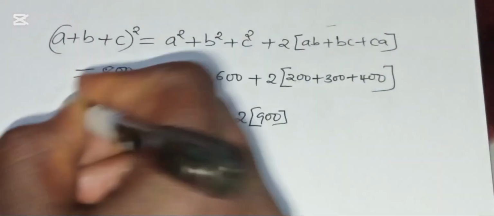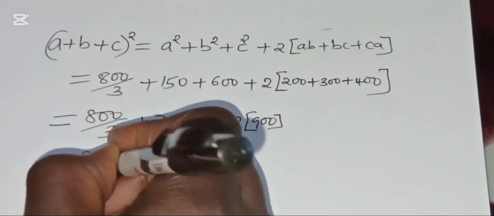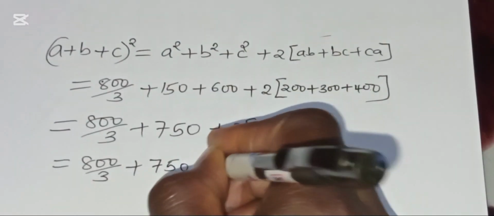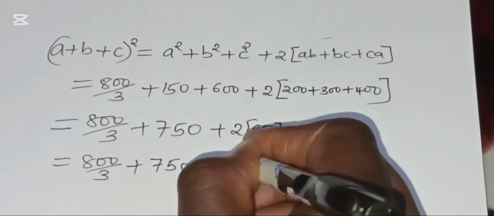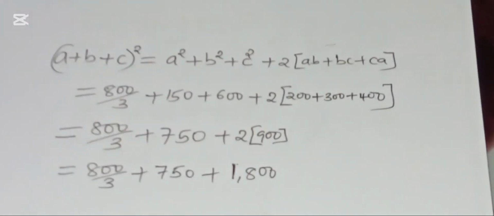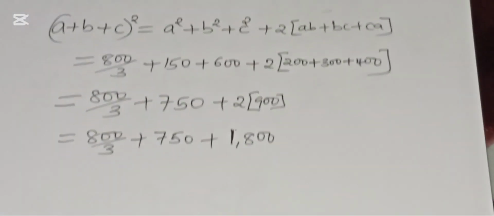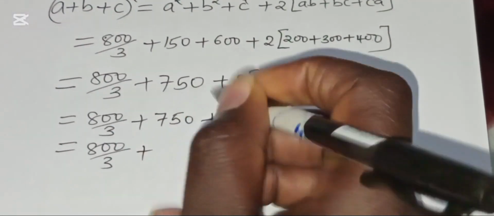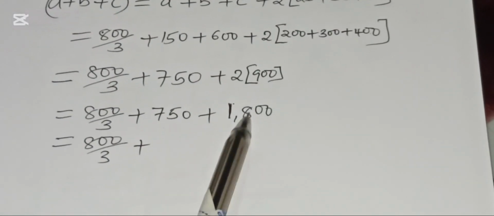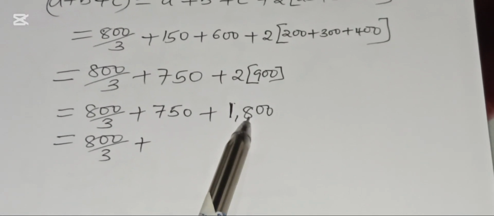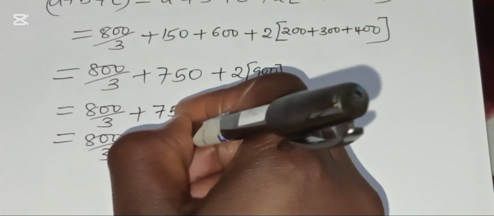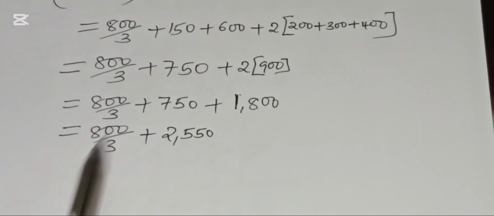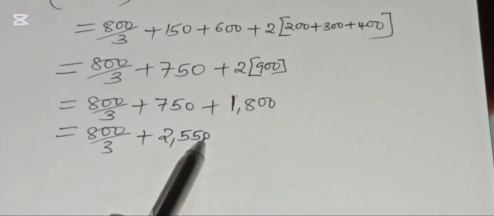Now from here, you're going to have 800 divided by 3 plus 750 plus 900 times 2, which is 1800. Again, you're going to have 800 over 3 plus 750 plus 1800. This is supposed to give us a value of 2550. So we have 800 over 3 plus 2550.